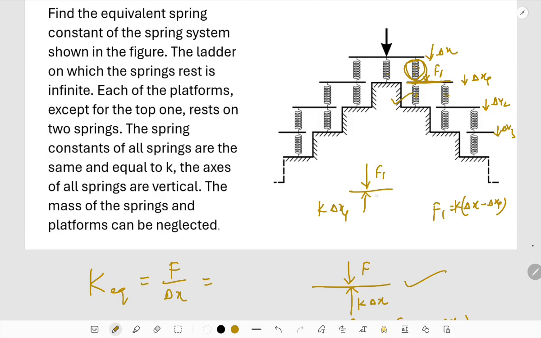That is why another force acts on this platform, equal to k times delta x1 minus delta x2.